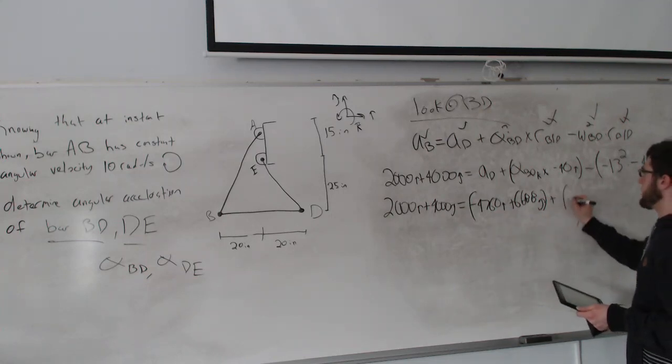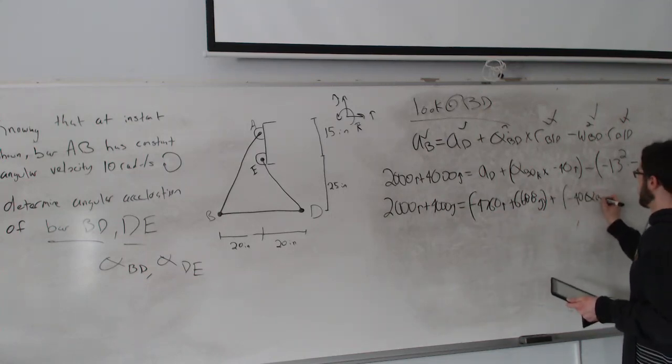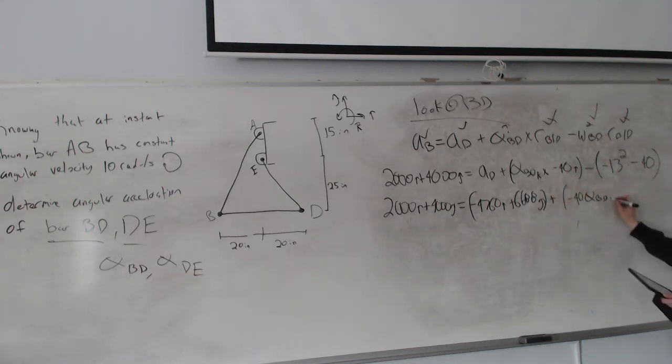So now we have k cross i, j, and then this term right here is just a constant and it evaluates to, in the i direction, minus 6.